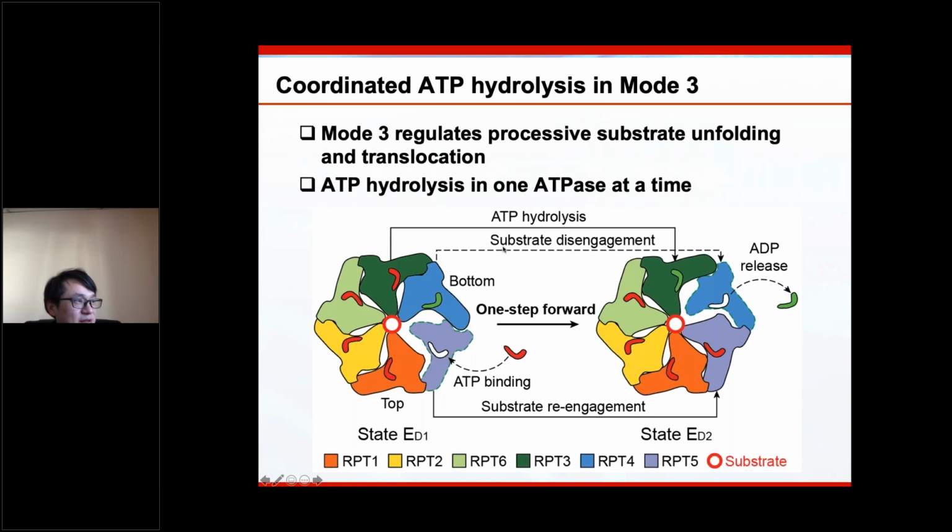So basically the 3 kinds of nucleotide processing are synchronized around half of the ring. One is doing ATP hydrolysis, the second is doing ADP release, the third is doing ATP binding. That's a very interesting thing to look at.